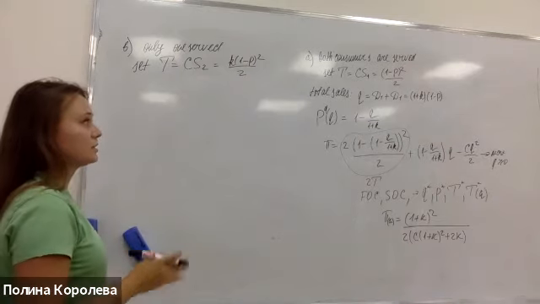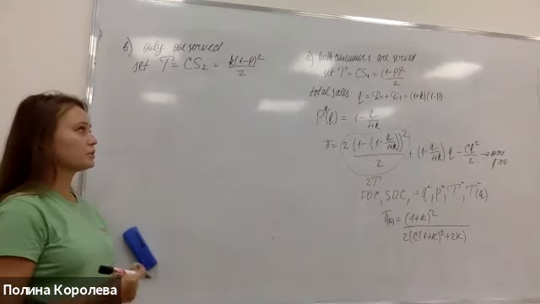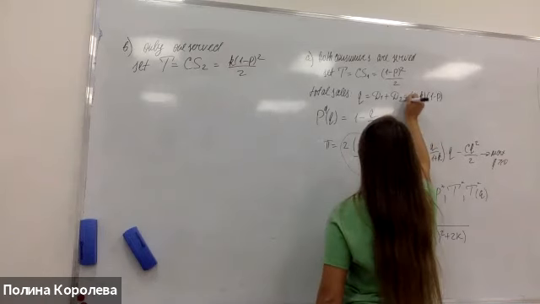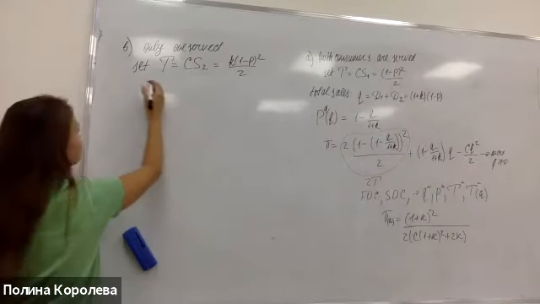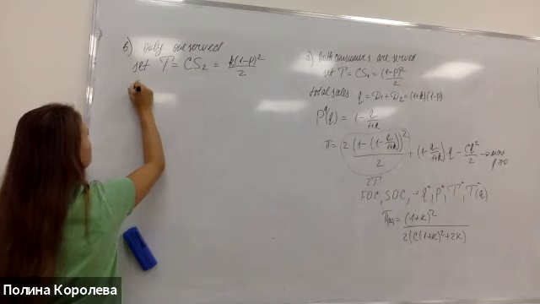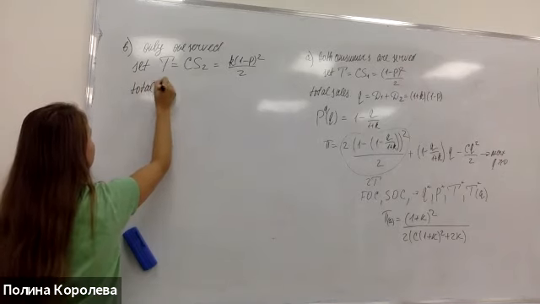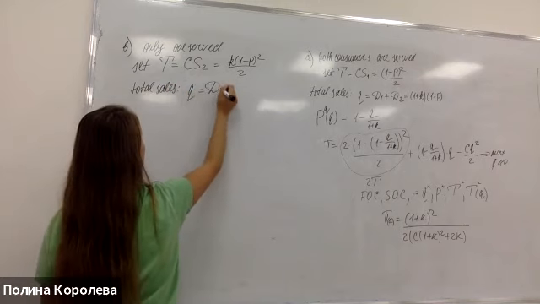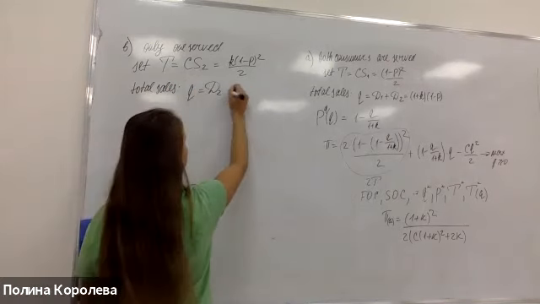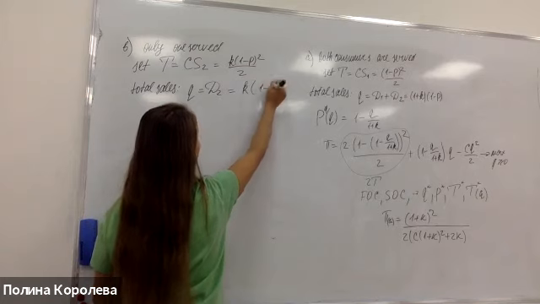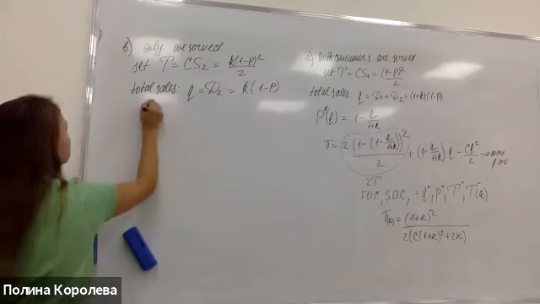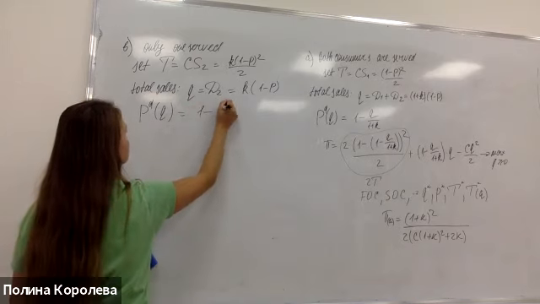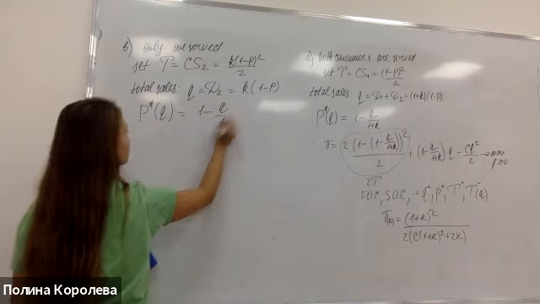So, total sales, we will sell our product only to this consumer. So total sales would be only sales to the second consumer, it will be k(1 minus p). The inverse demand will be 1 minus Q divided by k.